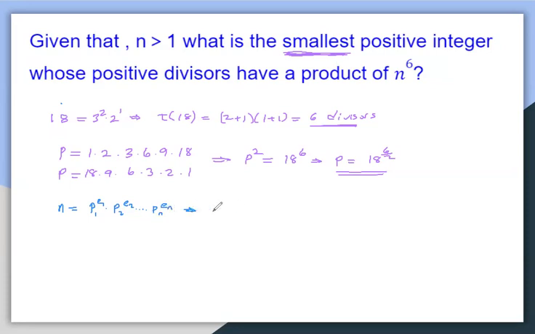Of this, the number of divisors, I'm going to use T of n, is equal to (e1 plus 1), (e2 plus 1), which are these exponents, and if you keep doing this, that will be (en plus 1). So that was the number of divisors, right?